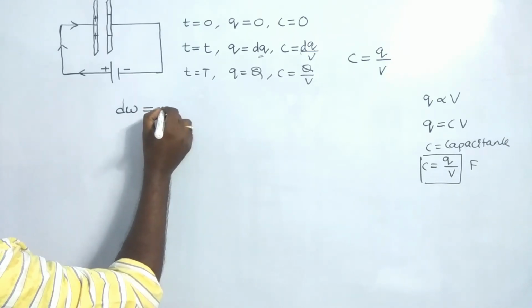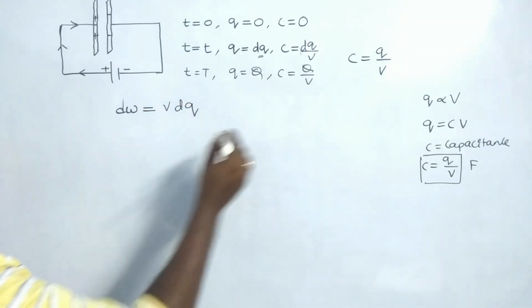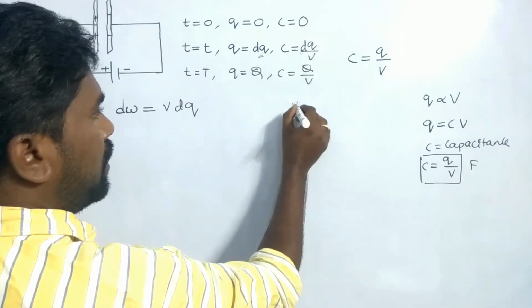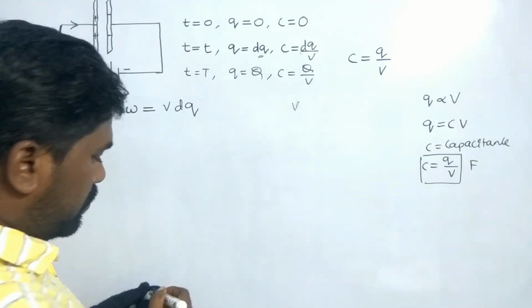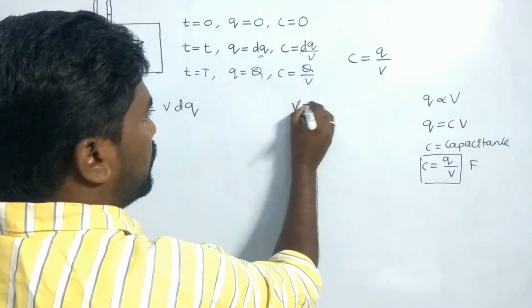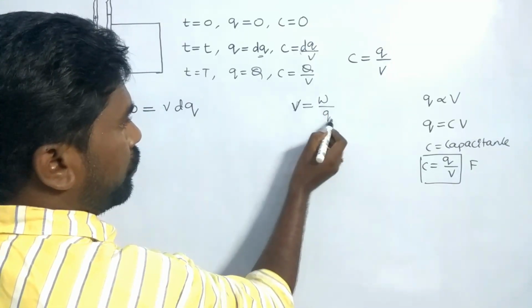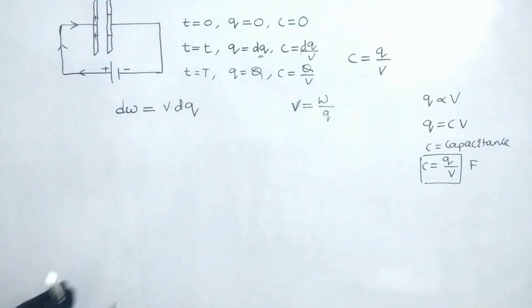So dW is equal to V dq, because from the definition of potential, V is equal to W by Q, therefore W is equal to VQ. Here dq amount of charge will be increasing.